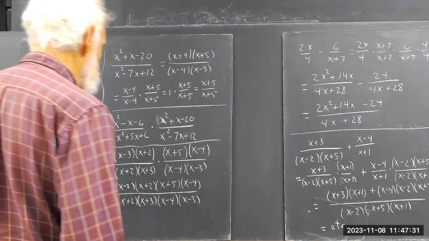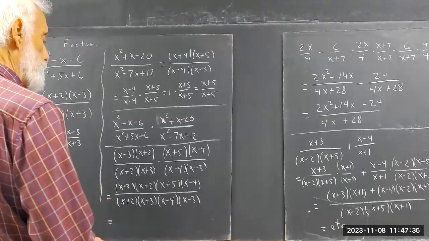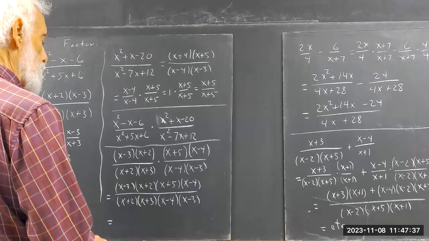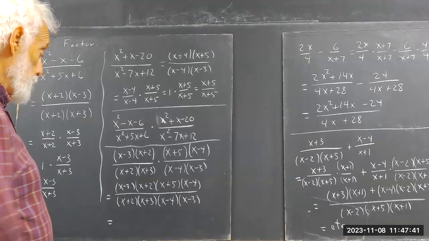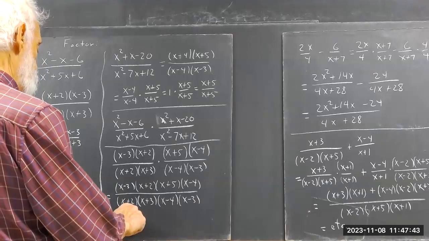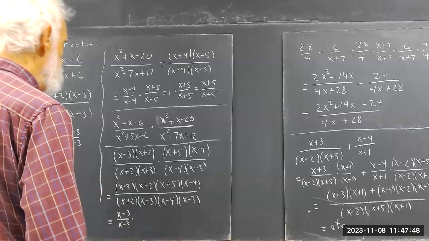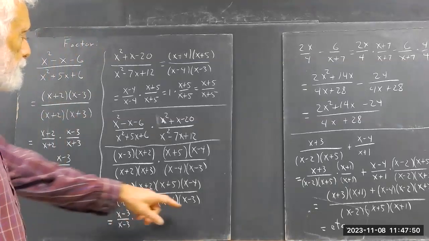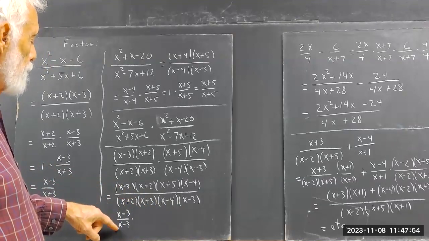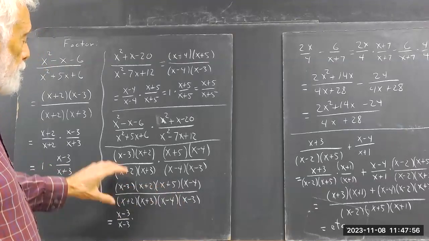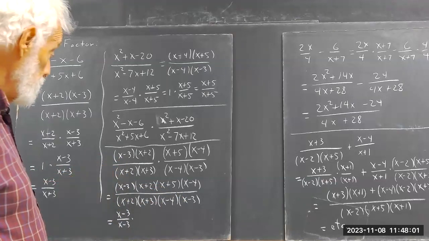Now what we see is that we have an x minus 3 here and an x minus 3 here. So we could bring that out here. We just say, okay, we're going to do x minus 3 over x minus 3 times a bunch of other stuff. That'll still give us the same numerator and the same denominator.